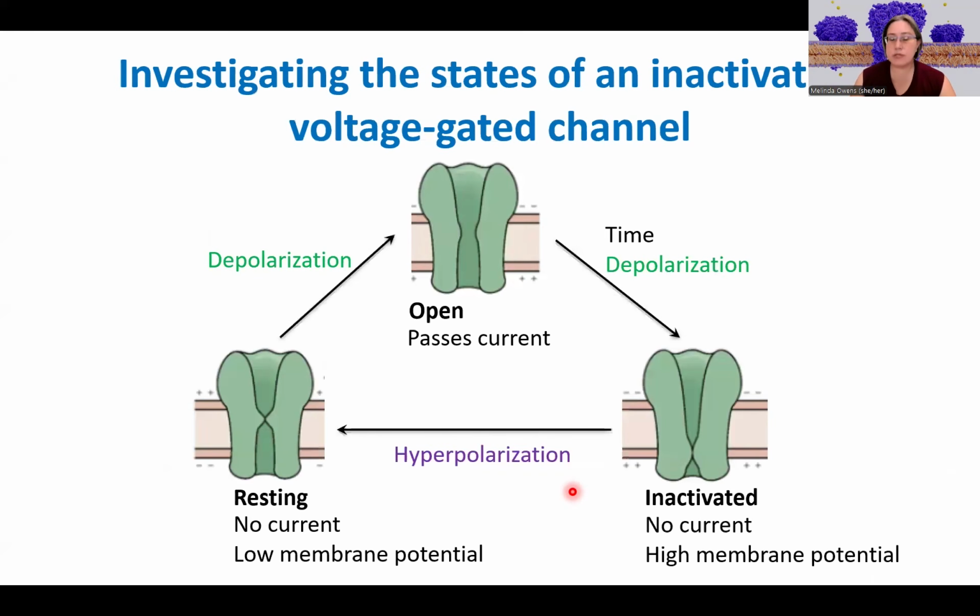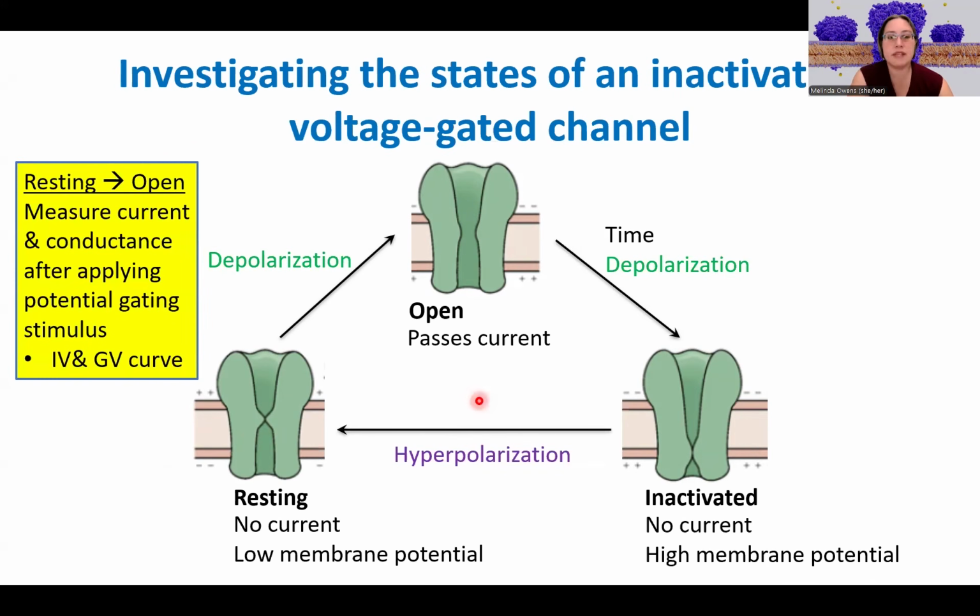So going back to this diagram here, what have we done so far? In previous videos, we've talked about how to measure what's going on from going to the resting state to the open state. So you would measure conductance and current after applying potential gating stimuli. For a voltage gated channel, that would be our IV and GV curves.